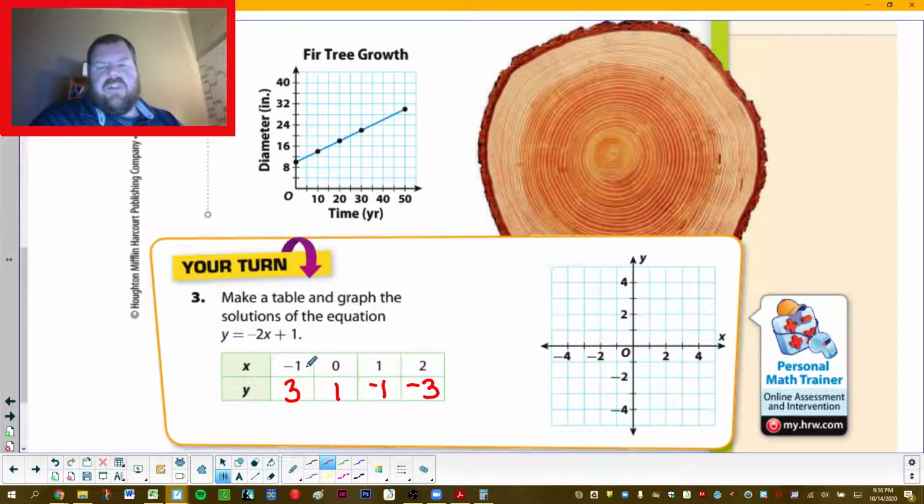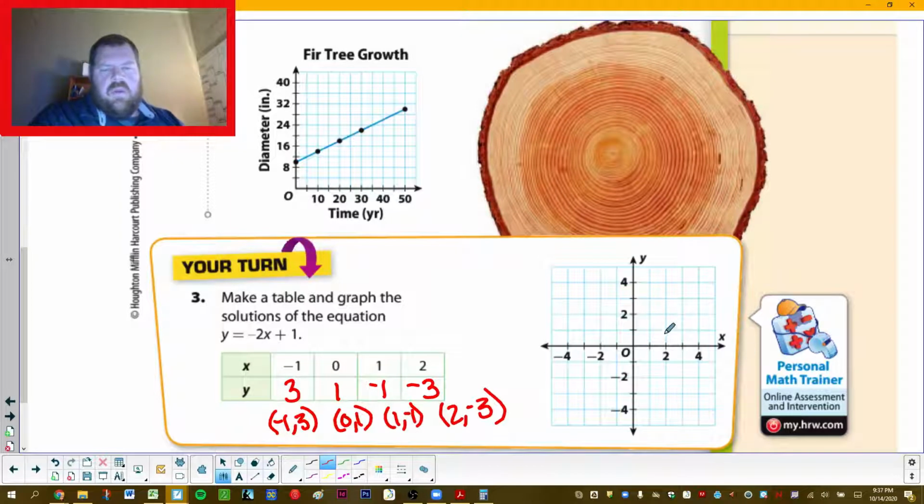So graphing these, this one gives me the point -1, 3. This gives me the point 0, 1. This gives me 1, -1. And this gives me 2, -3.